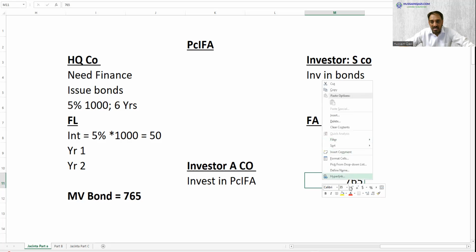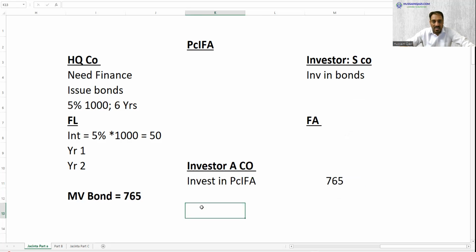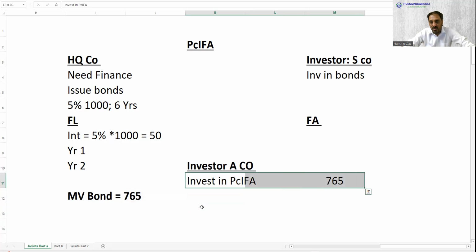I know there's a question in your mind, sir: if the bond has become credit impaired, why would investor A invest in this company? Do remember that in the SBR exam, we will not cover why the transaction has happened.